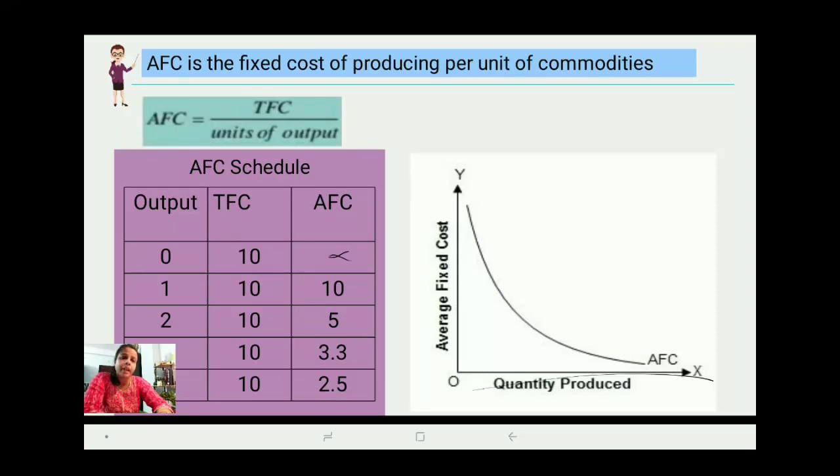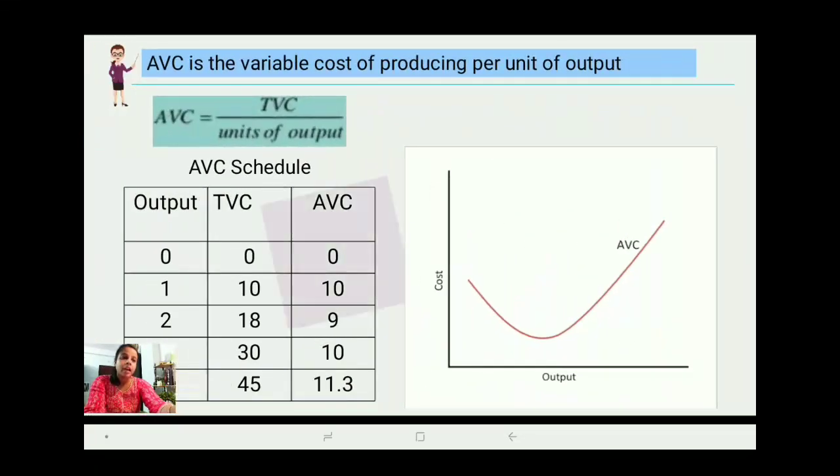How do we find average fixed cost? As I have given the formula, average fixed cost is total fixed cost divided by units of output. So 10 divided by 0 is infinity.